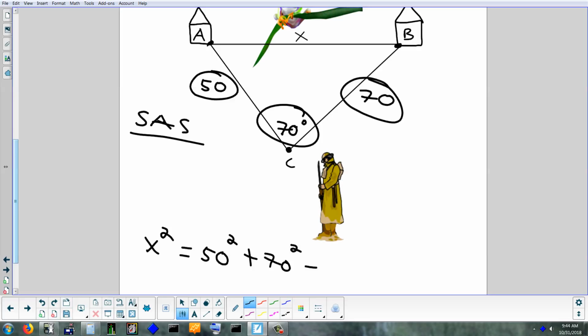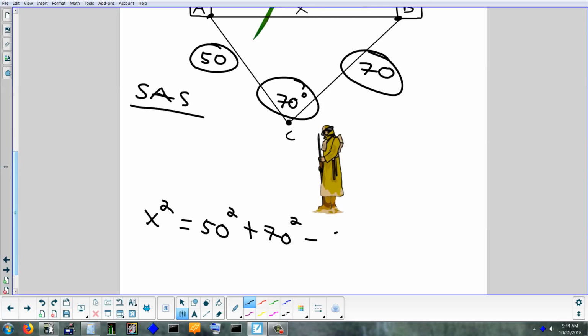Yep, 2 times 50 times 70. Minus twice the product of the two sides you just did, 50 and 70. And the last thing, times cosine of the angle across from the side you started with. You started with x, the angle across is 70.